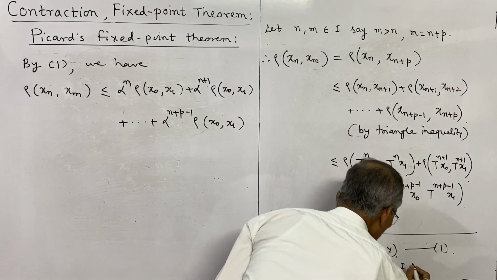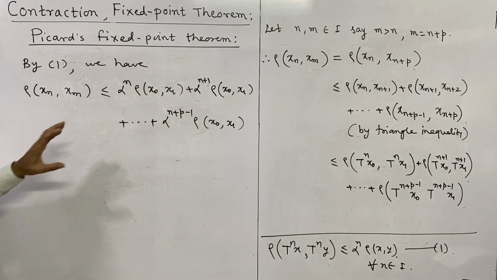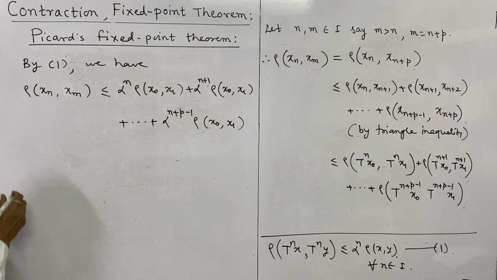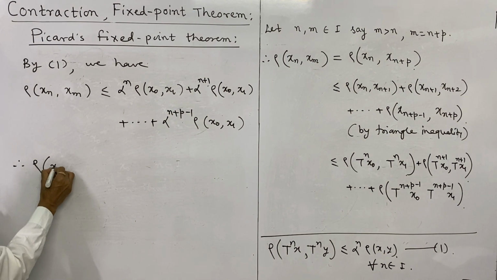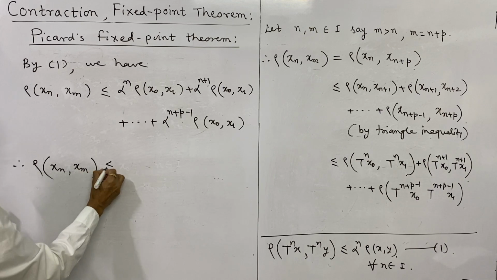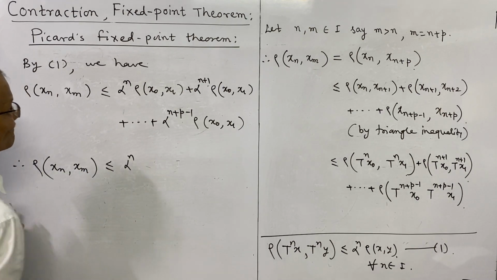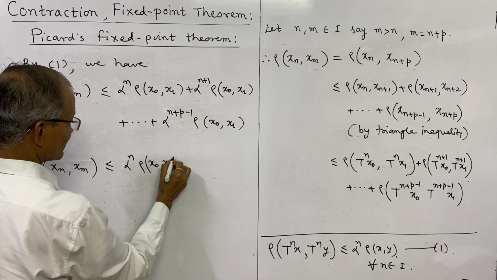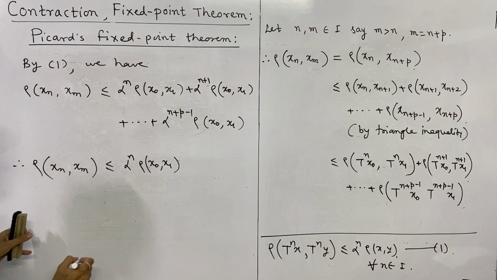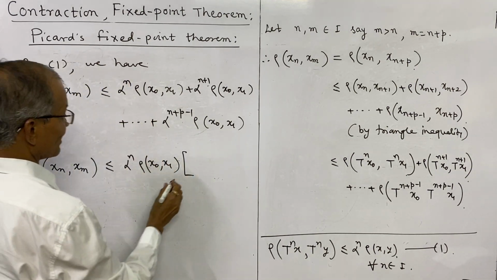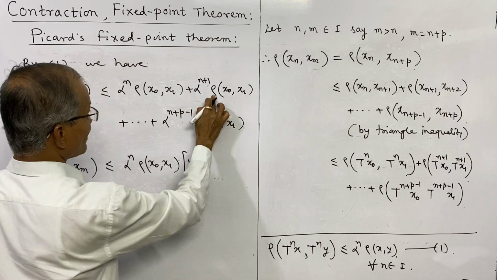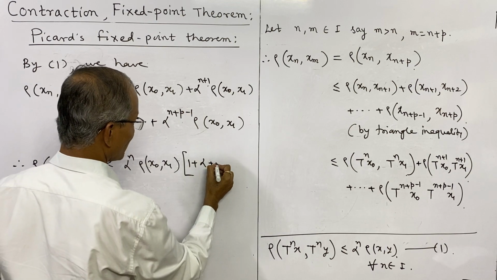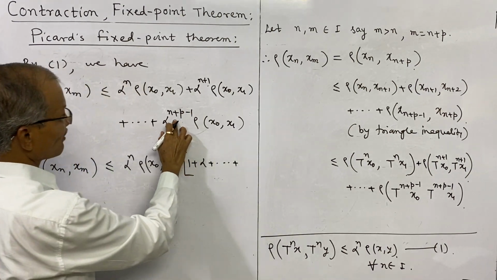So this is true for all n belonging to I. And now we can see here alpha to the power n is common. Therefore rho of xn and xm is less than or equal to alpha to the power n rho of x0 and x1, which is common in each, and what remains in the bracket is 1, and next is alpha, alpha square and so on up to alpha to the power p minus 1.